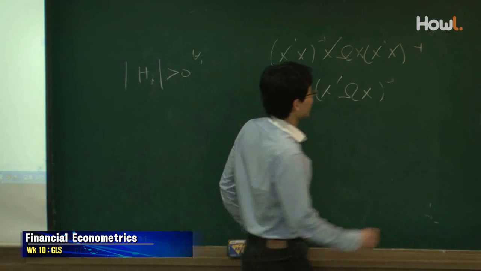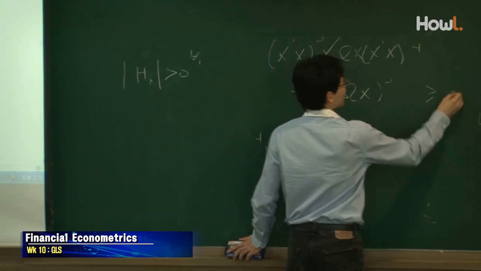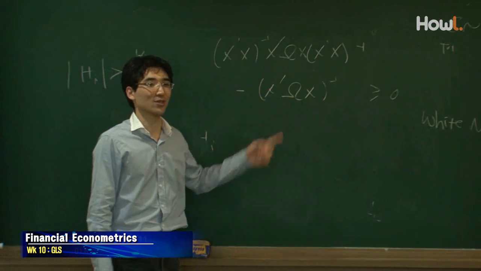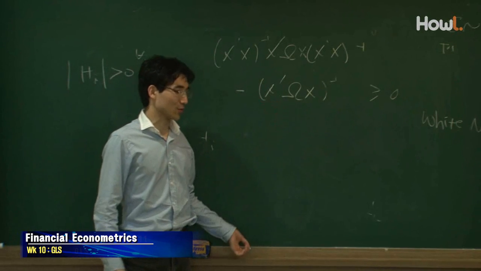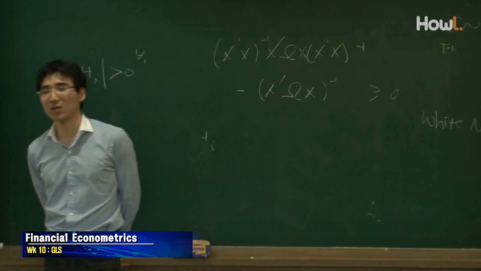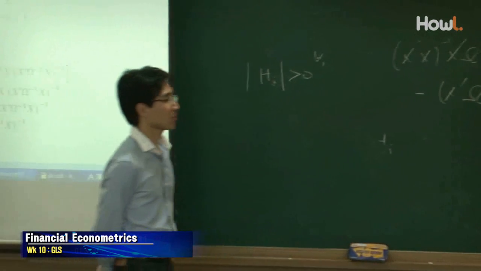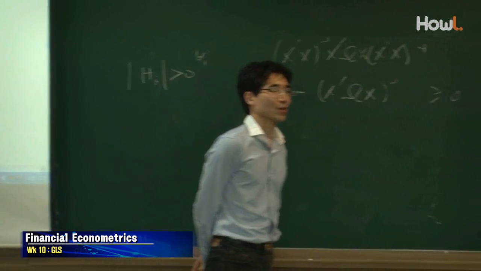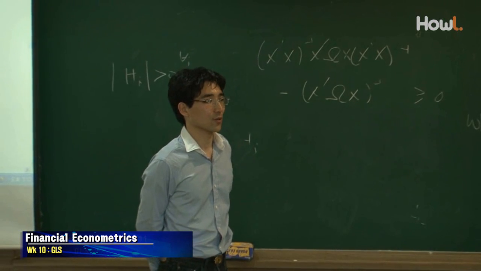It is not rigorous, but we can say this is kind of greater than 0. So this part is actually smaller than this part in matrix terms. In that case, you can say this variance is lower, and since we have an estimate whose variance is lower, we say it is a more efficient estimate.